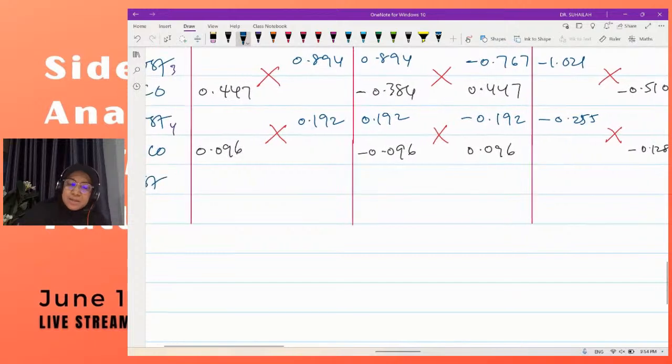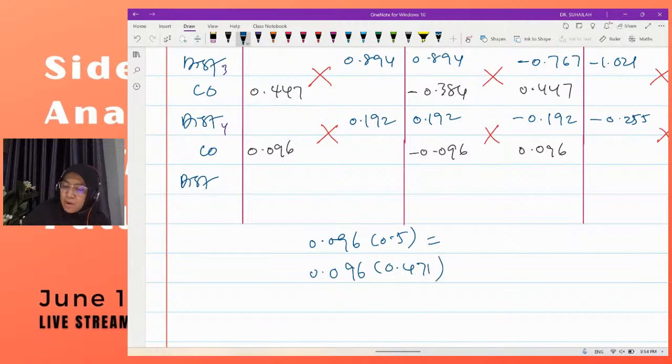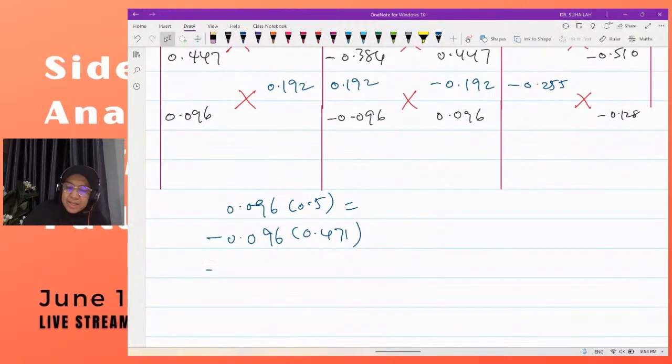So please calculate 0.096. Okay, the distribution factor is 0.5. 0.096 times 0.5. And then we have 0.096 times 0.429. Okay, this is negative. And we have negative also 0.096 times 0.571.